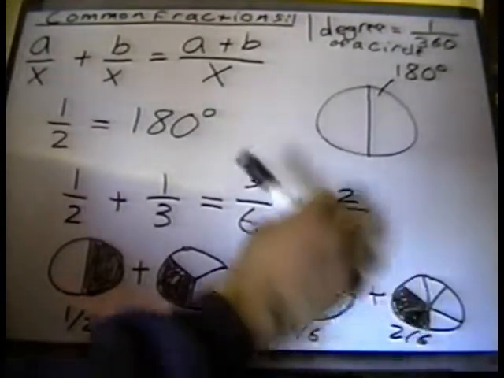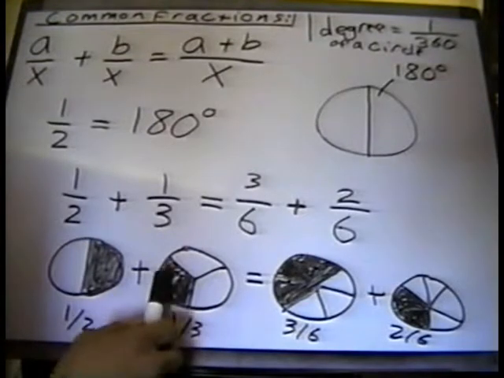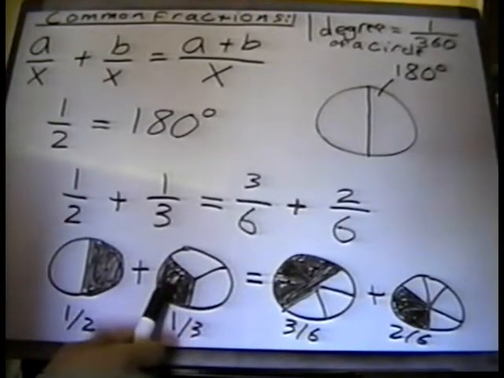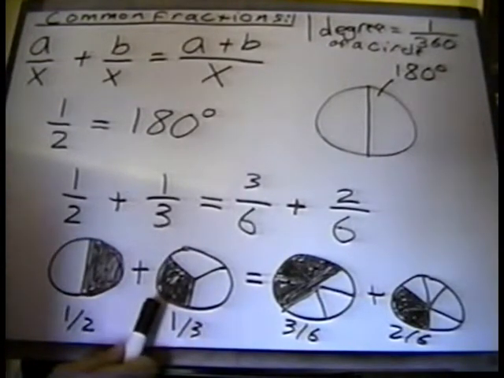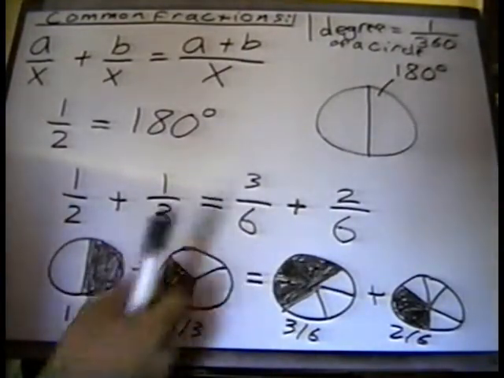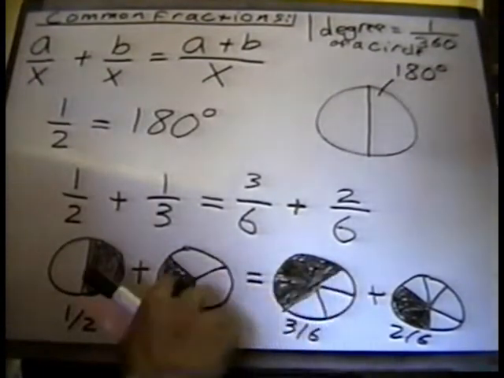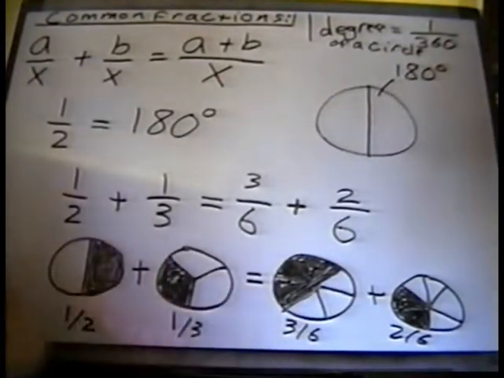And here for 1/3, we have the same amount of the circle shaded in by 1/3. See, because 2/6 is equal to 1/3. They're equivalent, and their visual counterparts are also equivalent. Okay.